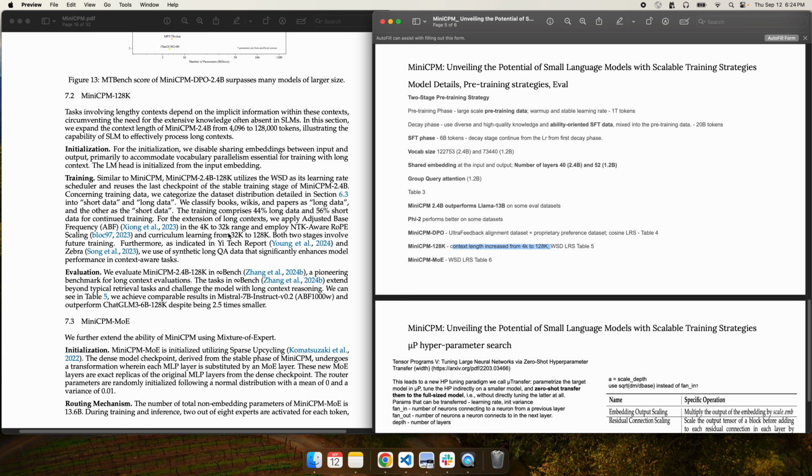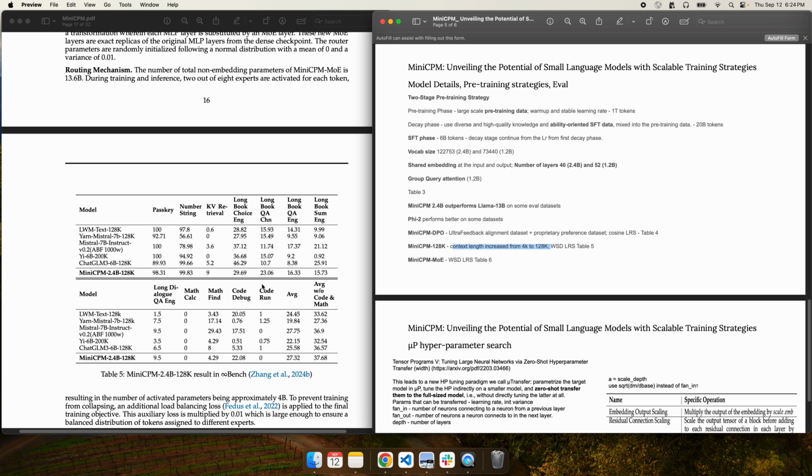And for extension of long context, they apply the adjusted base frequency, which can be found in the paper. And then they also employ the NTK-aware rope scaling and curriculum learning. And the evaluation results are shown here, where the model actually performs better compared to some of the bigger models.